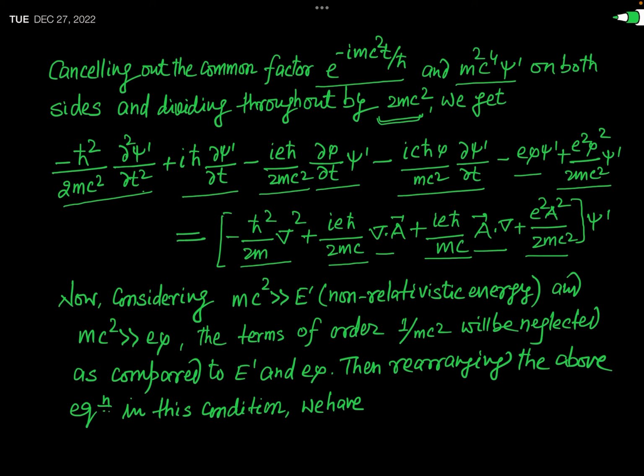Okay. Now you know, if we consider the non-relativistic limit, the energy of the particle, which we denote by the symbol E', is much smaller than the rest mass energy mc². Or in other words, you can also say that mc² is much greater than E'.